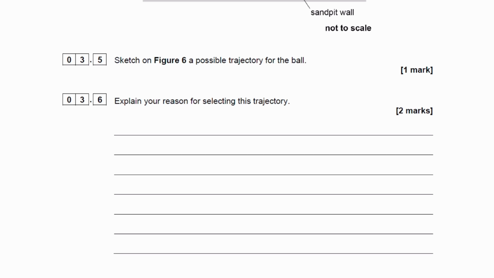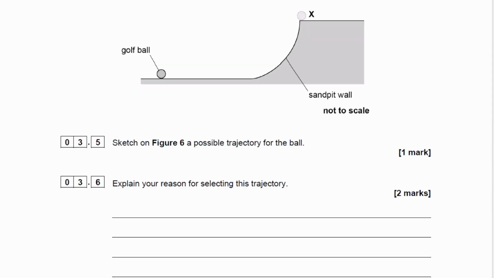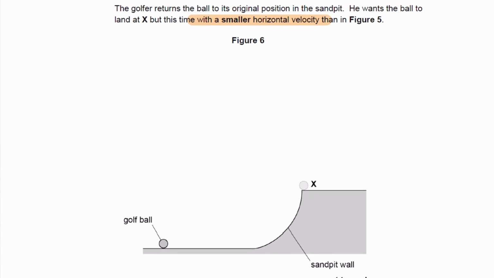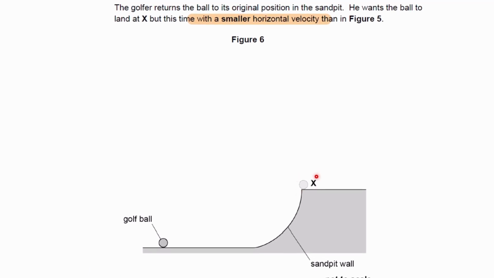Okay, so let's start by thinking about this intuitively. If we have a golf ball and we want it to land at the same point as before, but now with a smaller horizontal velocity, so remember that before, the golfer hit the golf ball so that it lands at x with only horizontal velocity, so it's traveling horizontally when it lands at x. We want the ball to have less horizontal velocity but land at the same point.